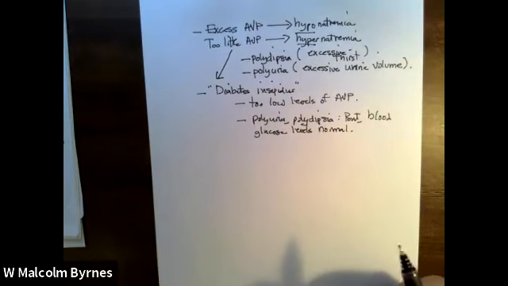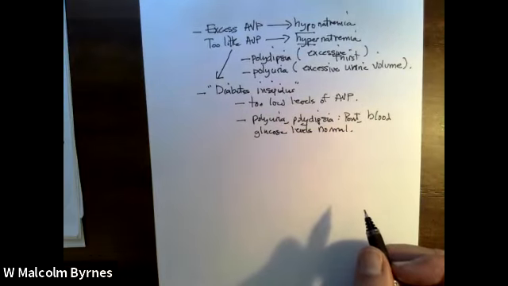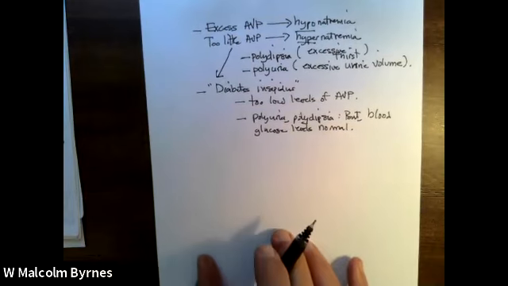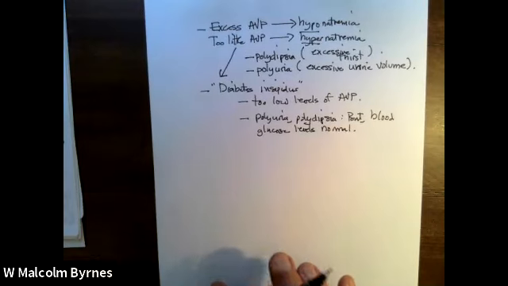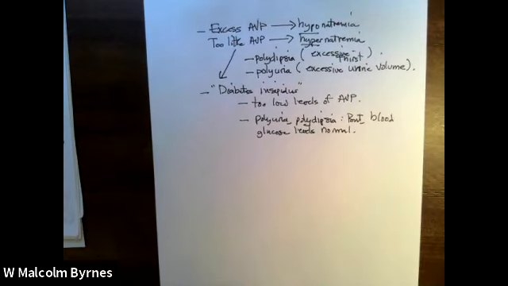This polydipsia, polyuria are also symptoms of what's called diabetes mellitus, in which you have too high levels of glucose in the blood. Glucose is also osmotically active, and so when you have too high levels in the blood, that has similar effects as having too much salt from having too little AVP.